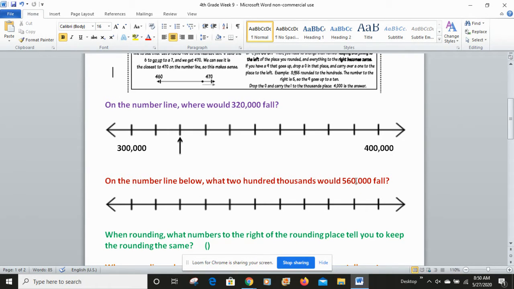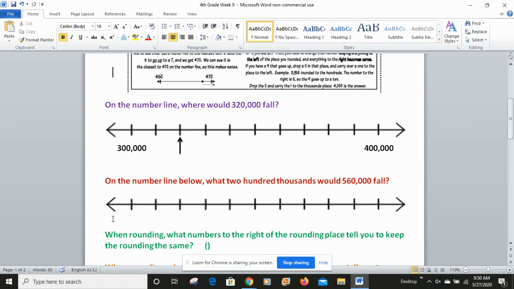Likewise, if I added a 0 in there, where would 560 fall? Would it be between 100 and 200, 200 and 300, 300 and 400? I think we would know that 560 would fall between 500 and 600. So where would 560,000 fall?